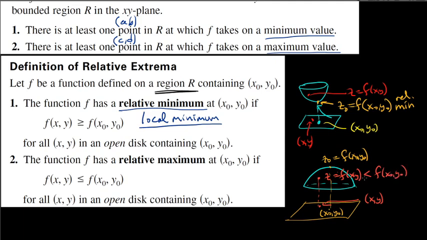Or at least not bigger than. So it could be equal to, but not bigger than. So that's the idea. Again, we get a relative maximum or a local maximum.